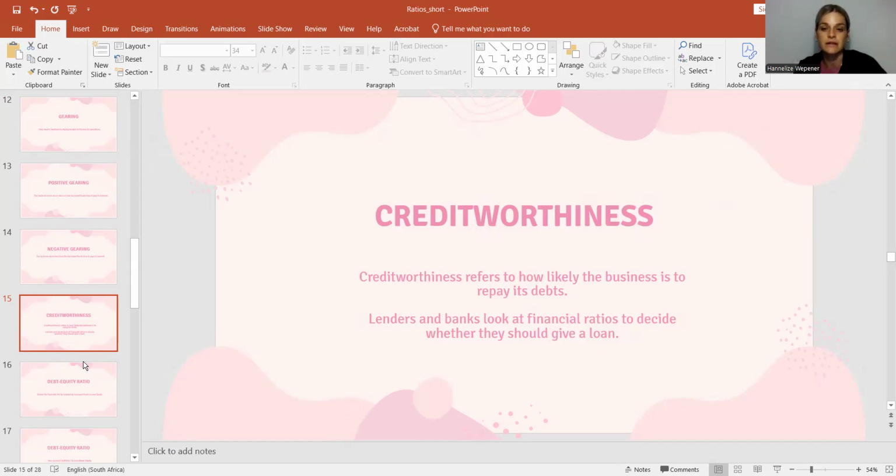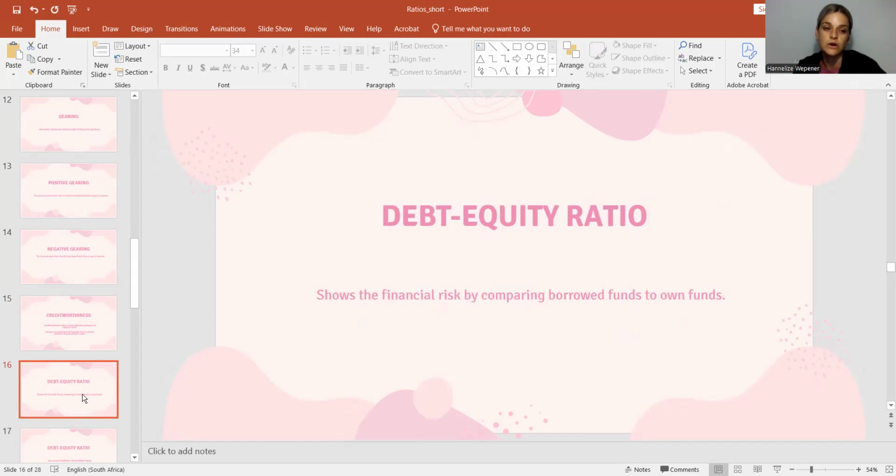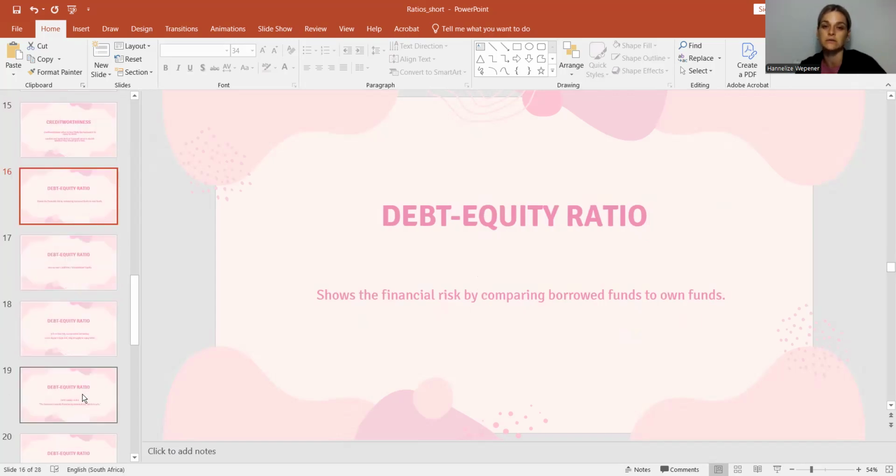And together with that, they're also going to look at your debt equity ratio. In other words, are you already relying too heavily on third-party loans, or are you making good use of your own capital? In other words, the capital from your shareholders. So debt equity ratio, are we relying too heavily on third-party loans?